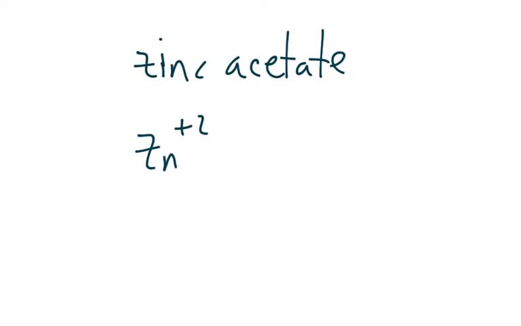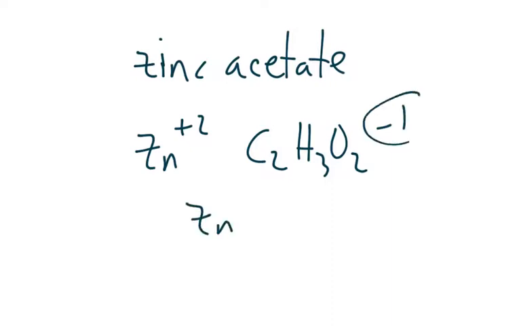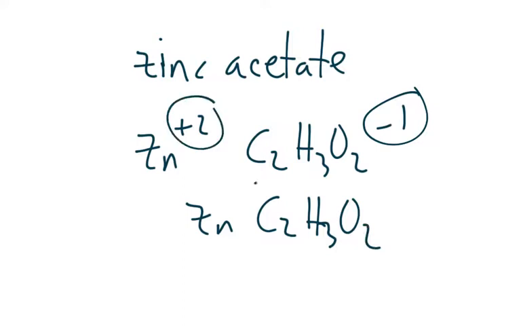Now, acetate is the polyatomic C2H3O2 with a -1 charge. So when you crisscross this, the zinc gets the 1 here, which I'm not going to bother writing, but the acetate, the entire thing, is going to get this 2. We need to put it in parentheses and then put the 2 out here. Okay, so you got to remember to do that.